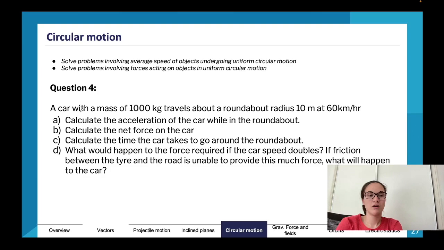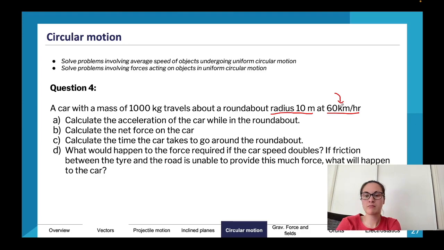A car with a mass of 1,000 kilograms travels around a roundabout of radius 10 meters at 60 kilometers an hour. So we've got our radius and we've got our velocity. Calculate the acceleration of the car while in the roundabout. First things first, I want to convert this into what we need, which is meters per second.